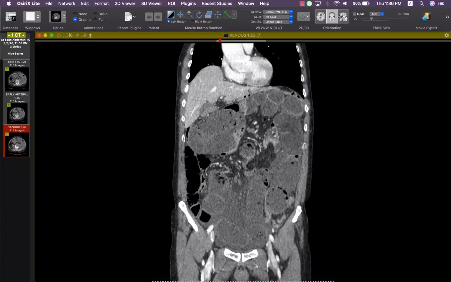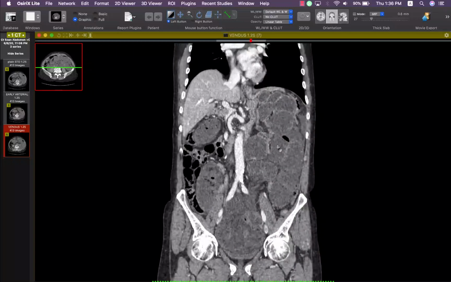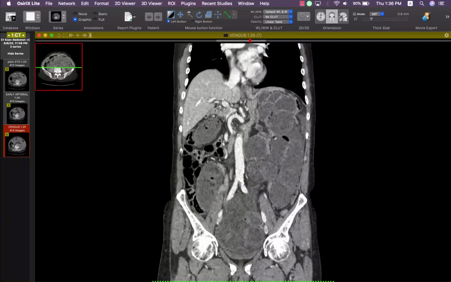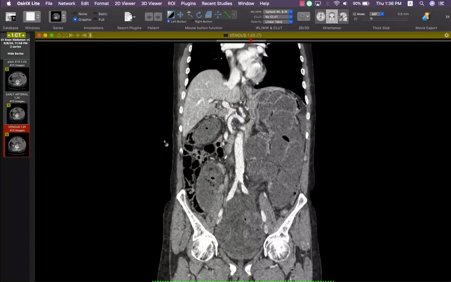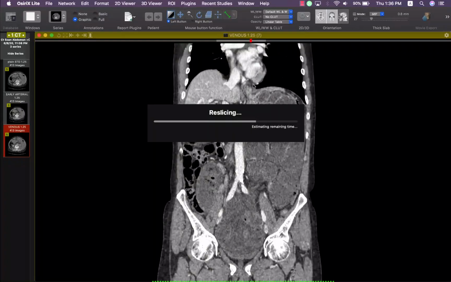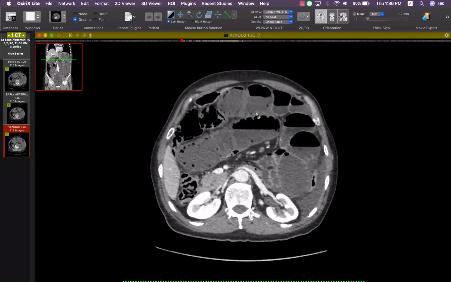Actually, in this case there is a sign that makes us favor internal hernia as the underlying etiology for the closed loop obstruction rather than adhesion, by looking at the main trunk of the superior mesenteric artery and vein. If we look here, there is a right side rotation of the superior mesenteric artery and vein, and this is one of the criteria usually present in the transmesenteric type of internal hernia.